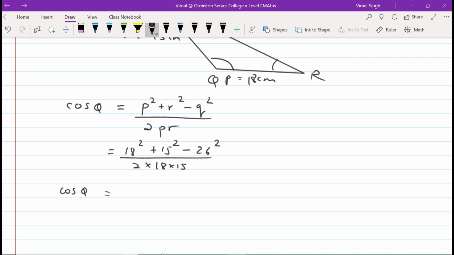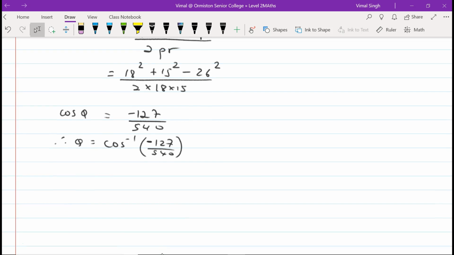So cos of Q is equal to that. So let's do the maths in here. 18 squared plus 15 squared minus 26 squared gives me minus 127, divided by 2 times 18 times 15, which gives me 540. Therefore Q is going to be cos inverse of negative 127 over 540.